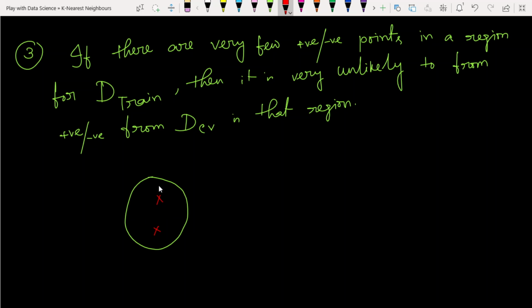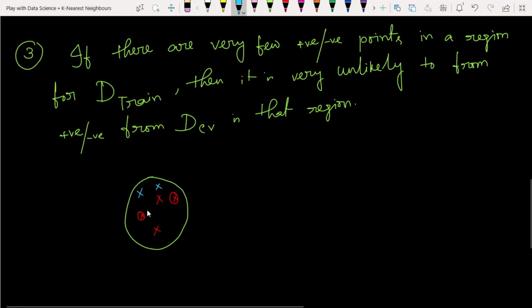They have the same chance that the few points also lie here in the cross validation data set, if they are in that particular region.